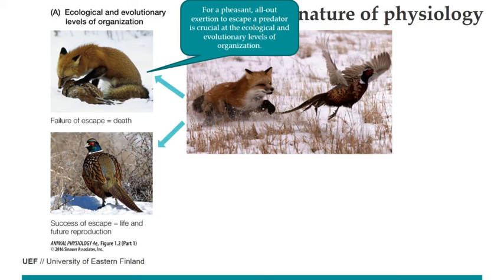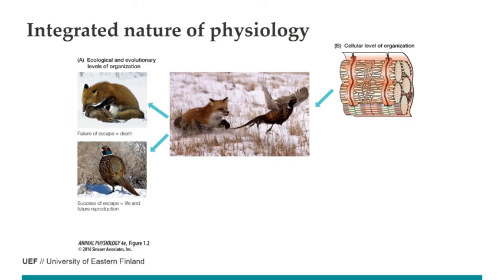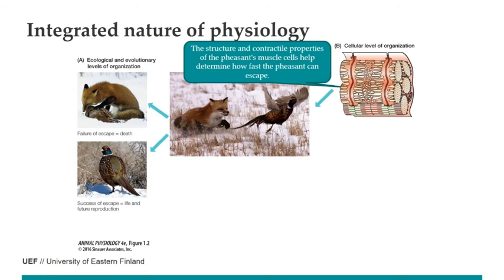But at the same time, we should know the structures of the muscle in this pheasant, and the contractility properties help to determine how fast it can escape. So is there a possibility that it can escape, or will it be prey?